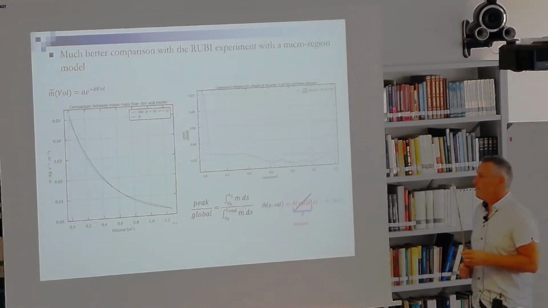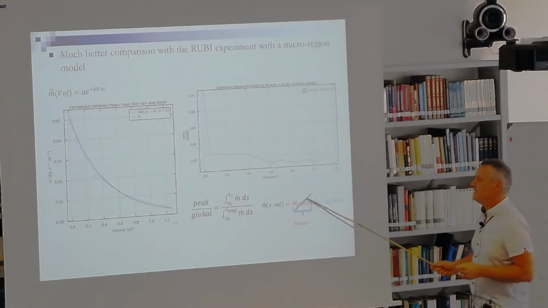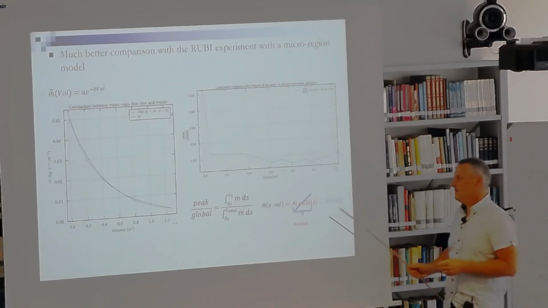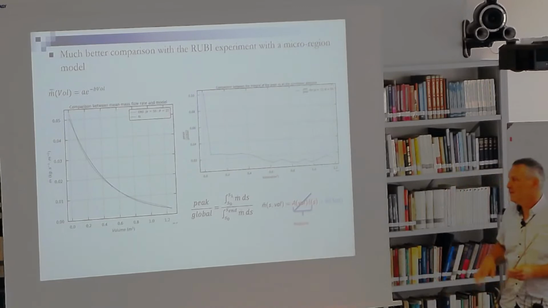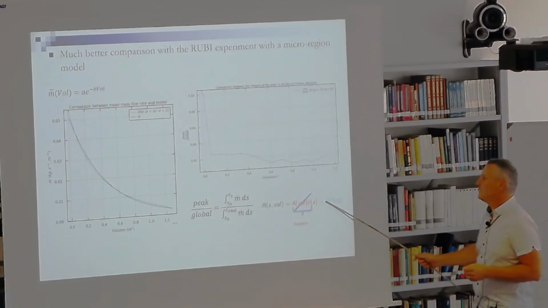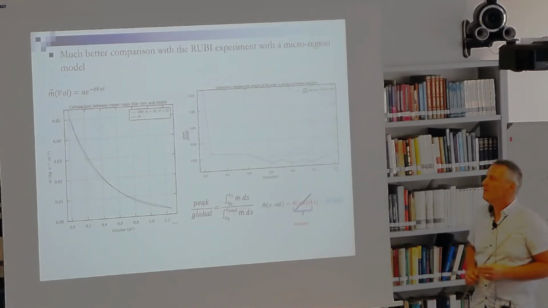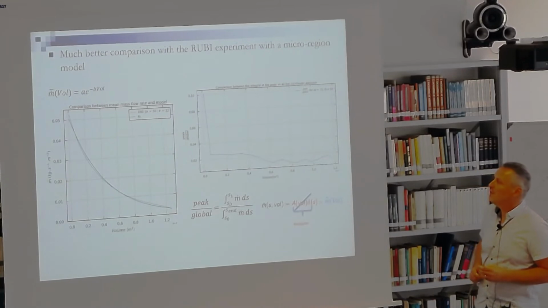And finally, what we observe is that the integral of the peak is not very important. Its effect is less than 10 or 5%. And the most important point is the plateau, which depends mainly on the volume of the bubble.